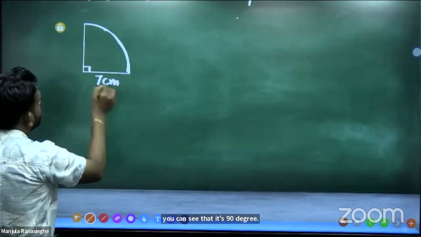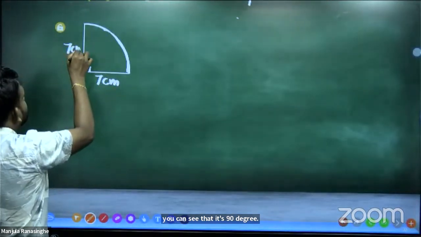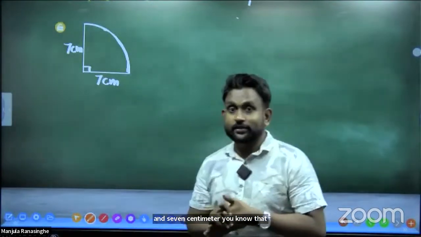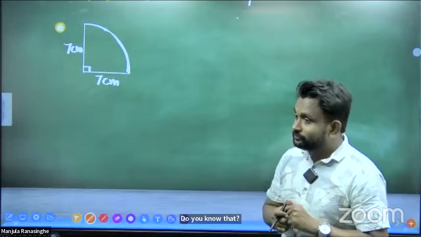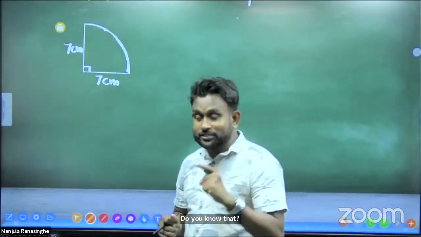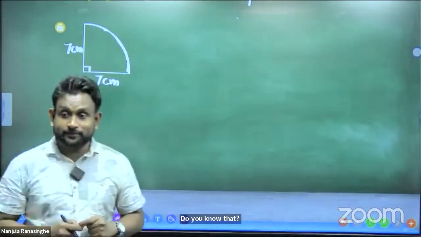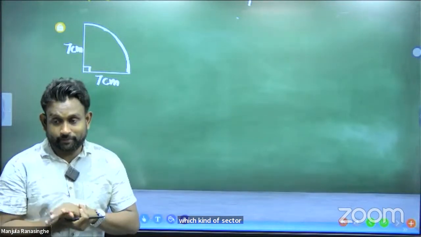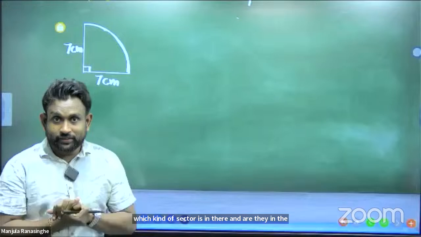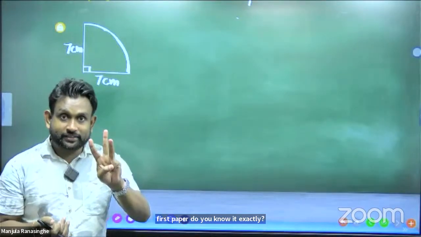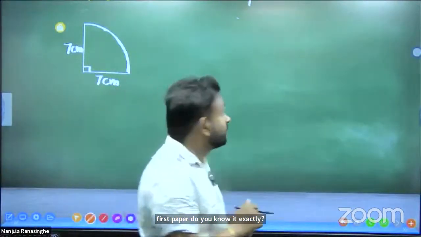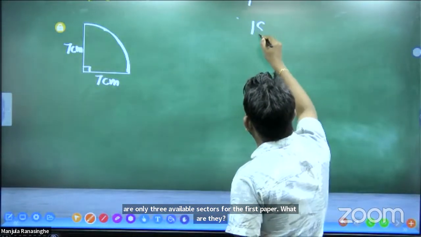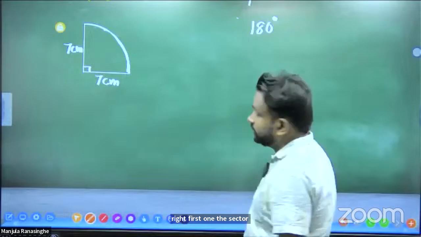Do you know which kinds of sectors appear in the first paper? There are only 3 available sectors for the first paper. What are they? First, the sector with 180 degrees.